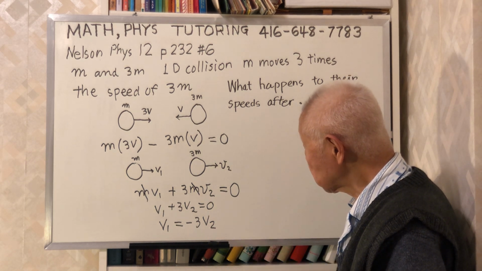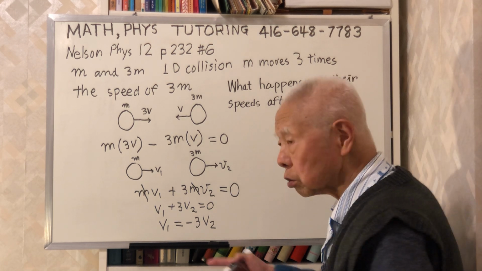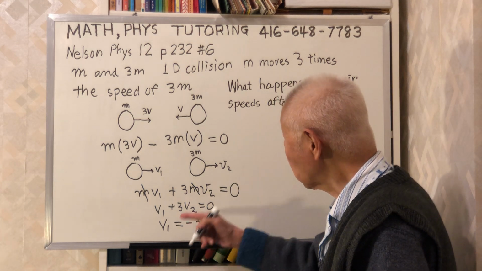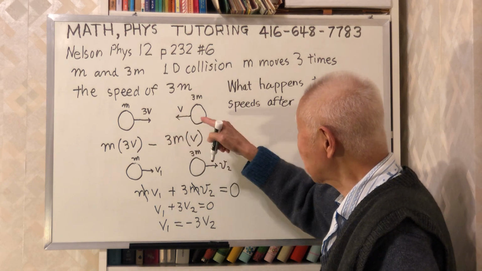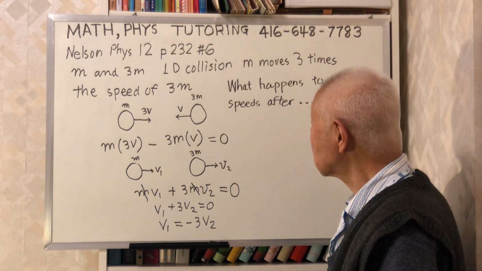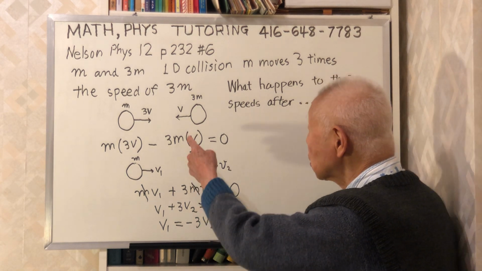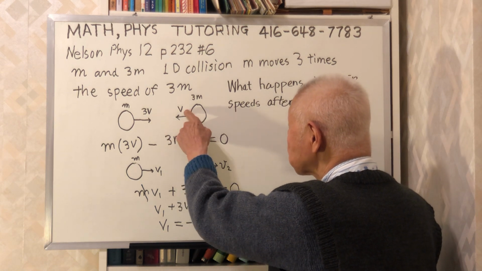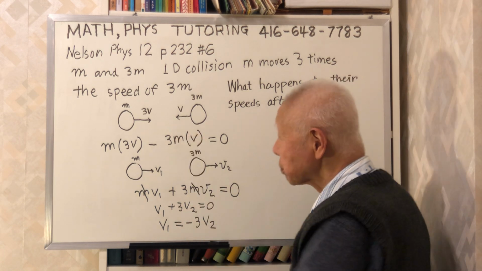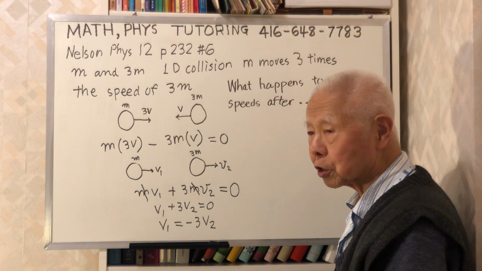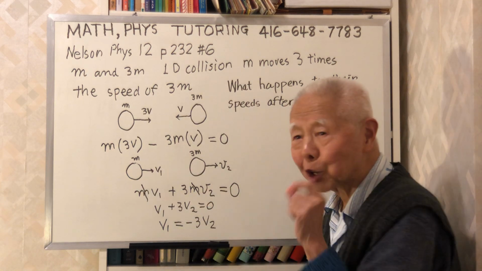Then what is v1? What is v2? Okay, you don't know. You only know after collision, this moves 3 times faster than this one. But it looks like before collision, it's already 3 times faster than this one, huh? So afterwards, it's still the same? No, it's not possible. After collision, they cannot move towards each other, right?